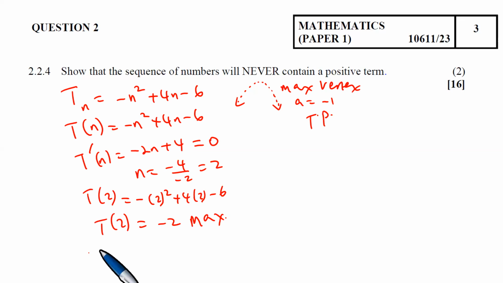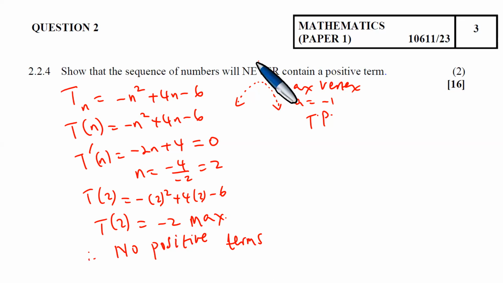So we can conclude that we have no positive terms because the biggest one is negative 2. If the biggest is a negative number, it means the others are negative numbers as well.